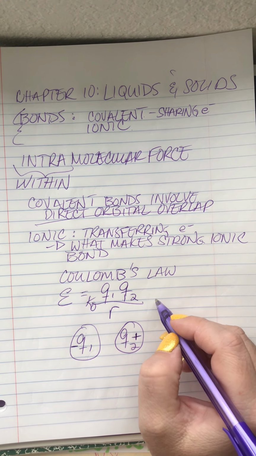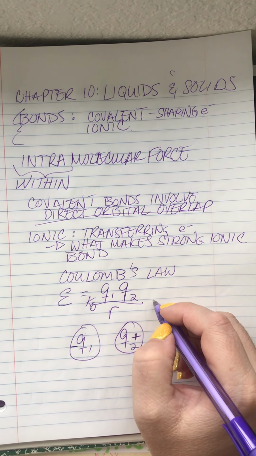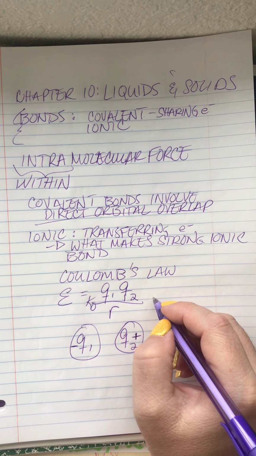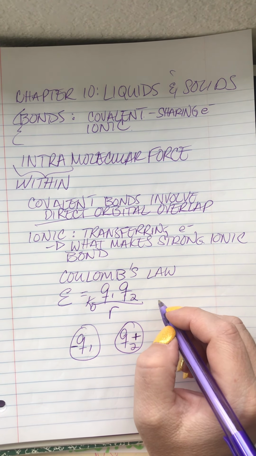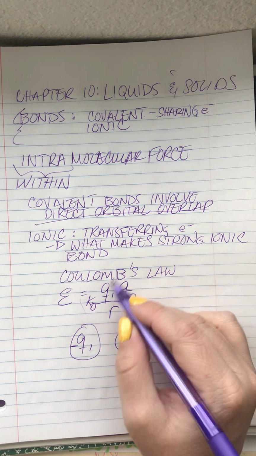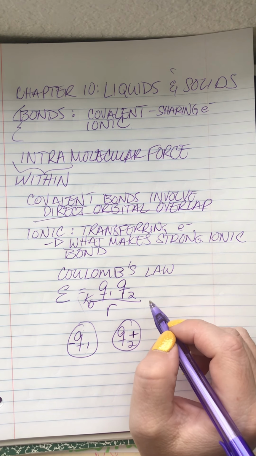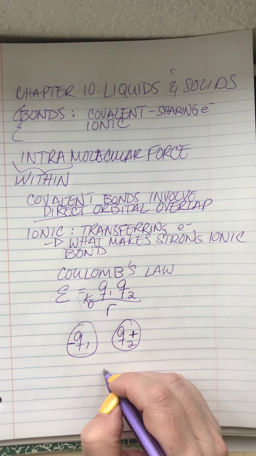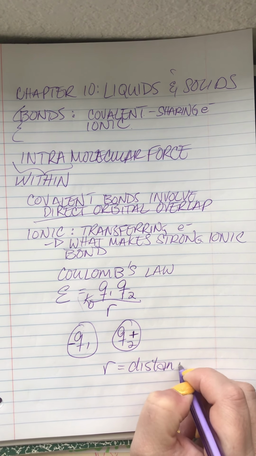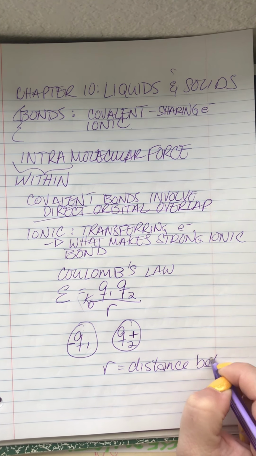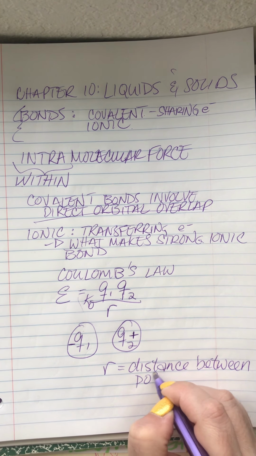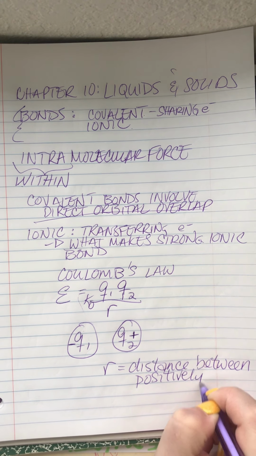So when we talk about the strength of ionic bonds, the two big things that are going to mitigate the energy, or the strength, of those bonds are, number one, R, which is the distance between positively charged nuclei.